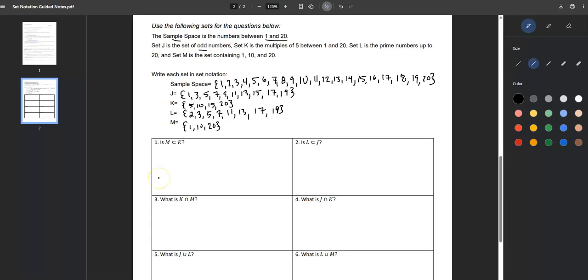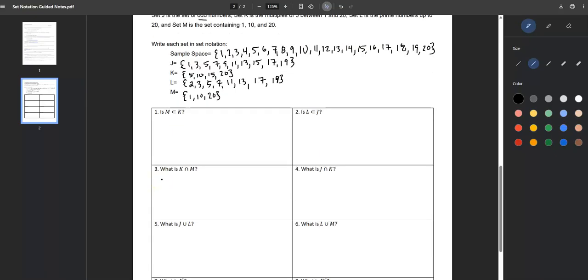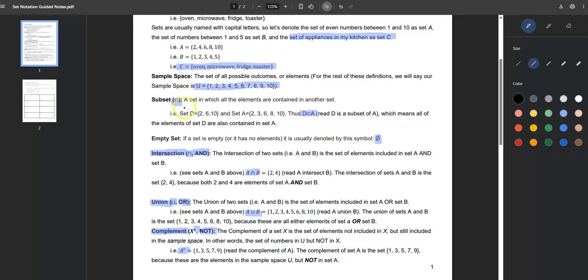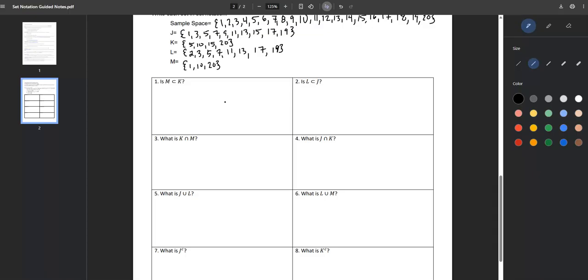And then we want to be able to answer some of these questions down below. So it's saying, is M, and then remember this symbol, if you guys remember that. Symbol is subset, which means all of those items are part of another set. So it's saying, are the numbers in M, 1, 10, and 20, part of K? Which they are not.